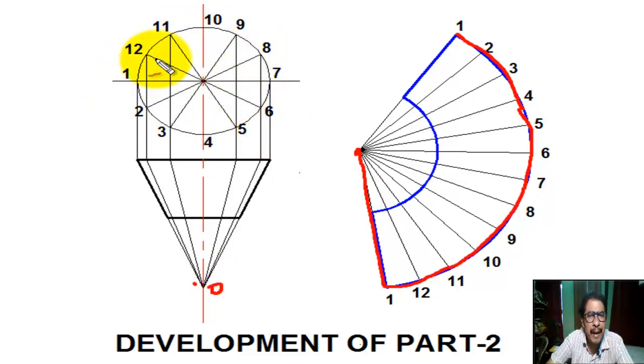Now this circle is divided into 12 equal parts. All parts are equal, all parts 10 to 9 or 9 to 8 or 7 to 6. With pencil compass we take any dimension, all dimensions are equal, we take any measurement and we cut this.